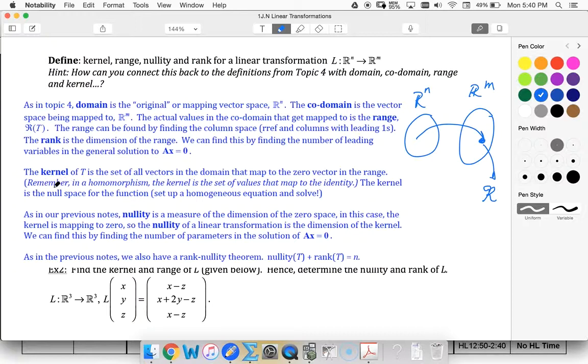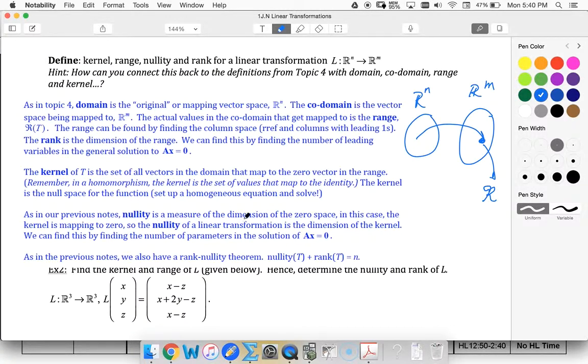For linear transformations, the kernel is the set of all vectors that map to the 0 vector. So really what we're looking at here is our null space for the function. We find it by setting up our homogeneous equation and solving. In a homomorphism, you'll remember, kernel is the values that map to the identity.